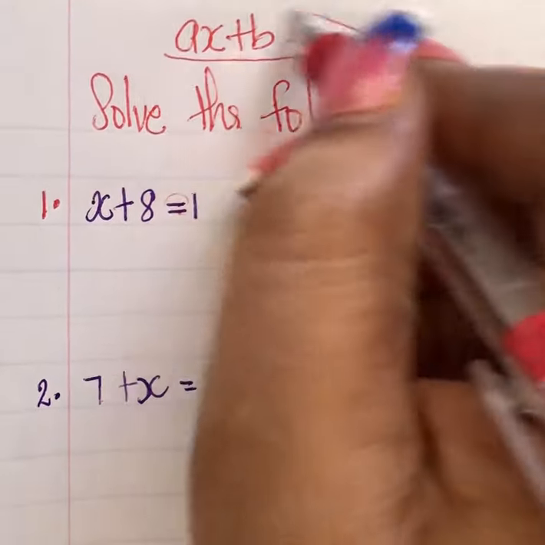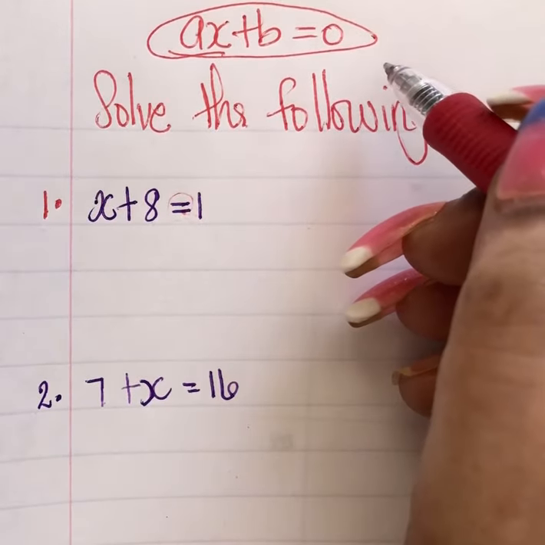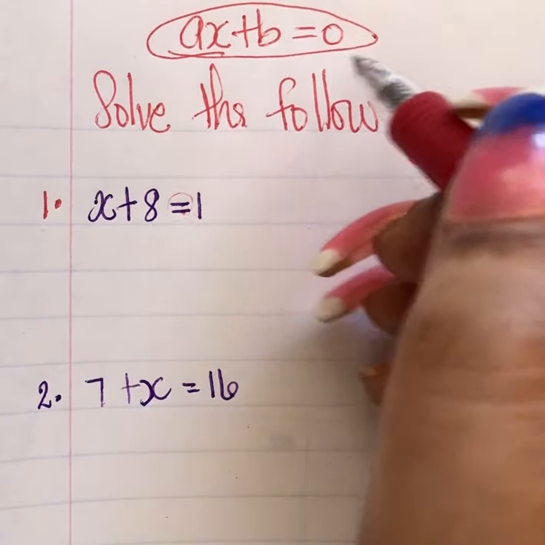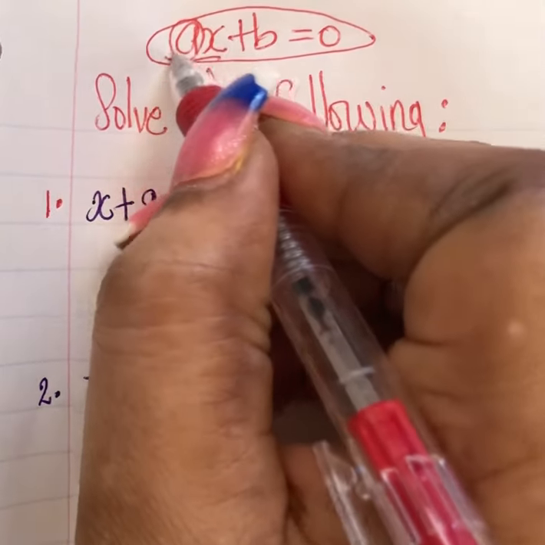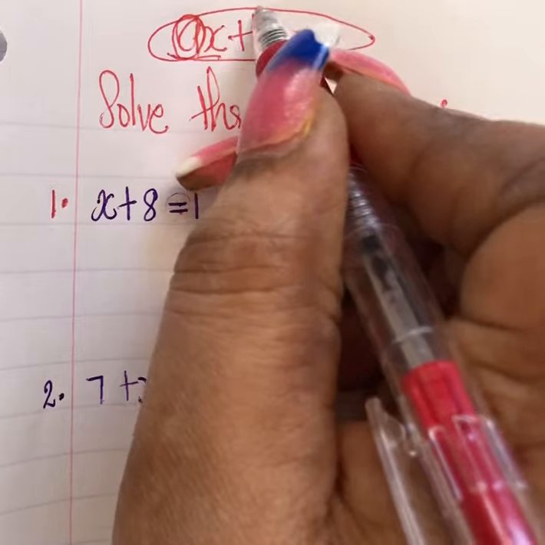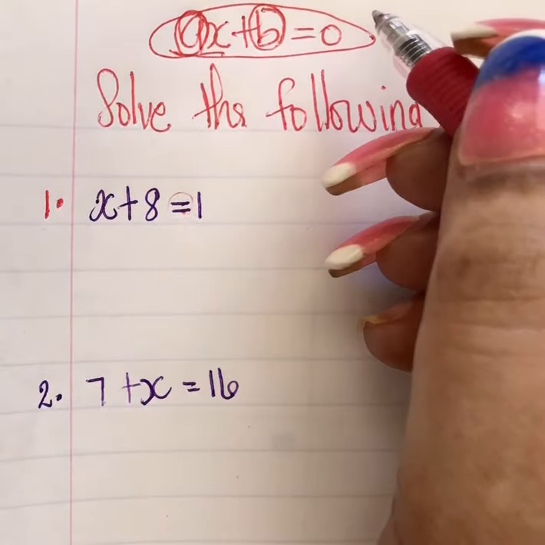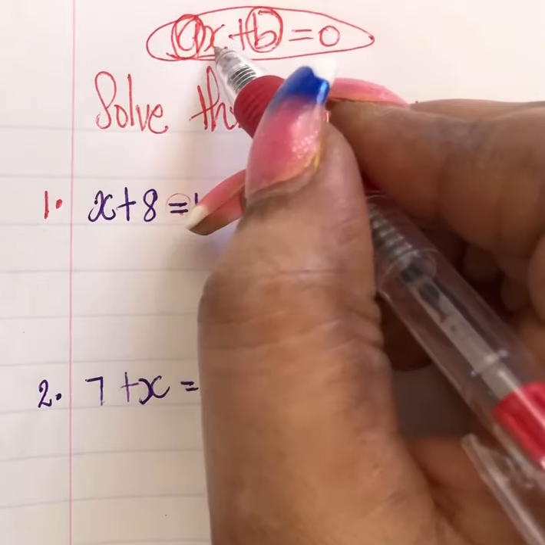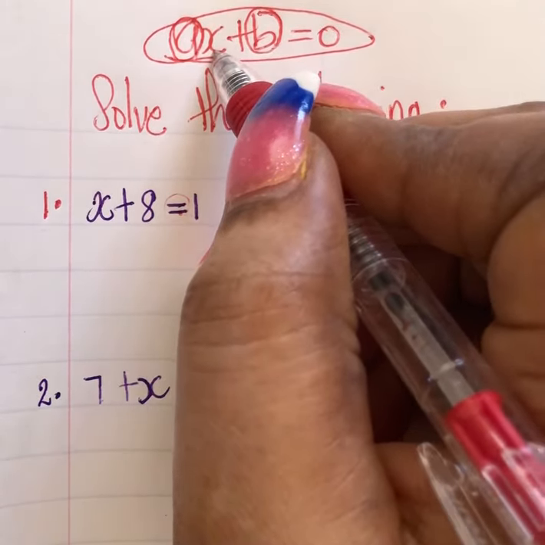This is the form of the linear equations, or what we may say simple equation, where a and b are real numbers and x is the unknown value.